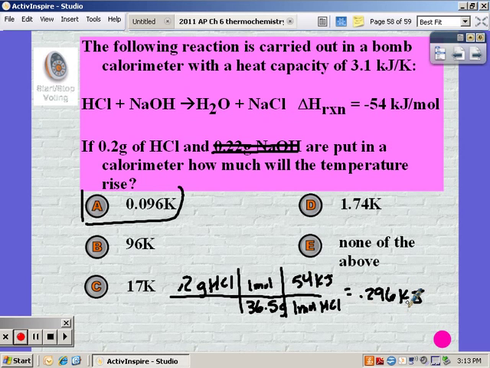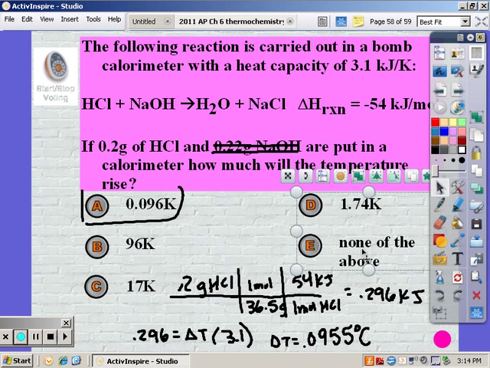So we have our Q. Now we can solve for delta T, knowing the heat capacity of the calorimeter was 3.1. And you get 0.0955 degrees Celsius.